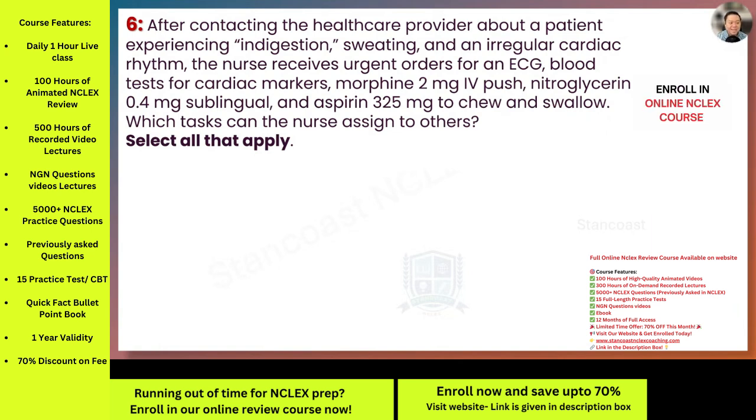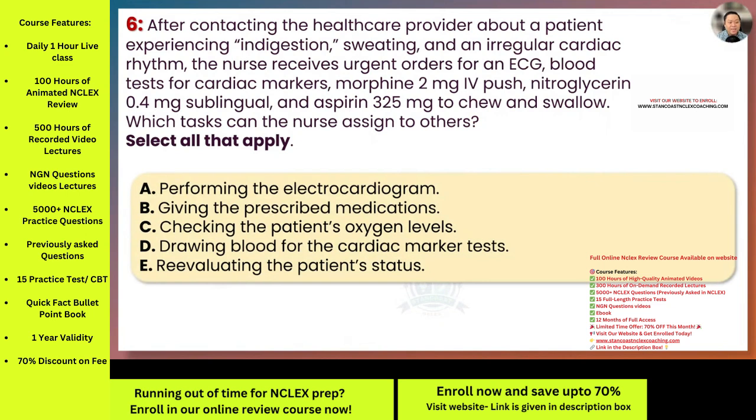Which tasks can the nurse assign to others? Select all that apply. Options: A, performing the ECG. B, giving the prescribed medications. C, checking the patient's oxygen levels. D, drawing blood for the cardiac marker tests. E, reevaluating the patient's status.